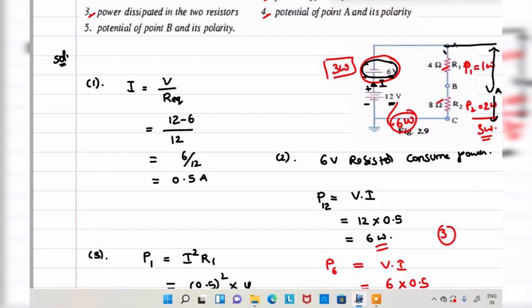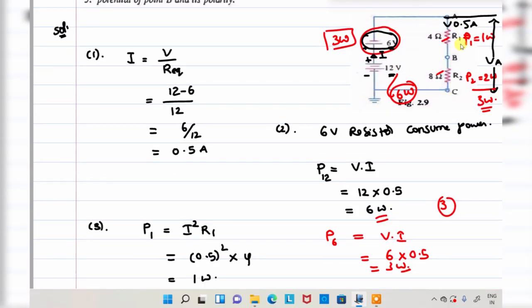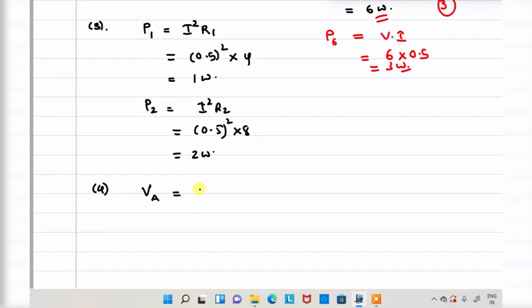So this current is 0.5 amperes. So VA is equal to current into resistance. What is the resistance? Resistance is equal to 4 plus 8, that is equal to 12. That will be equivalent to 12 into 0.5, that is 6 volt. Plus 6 volt is the voltage value.